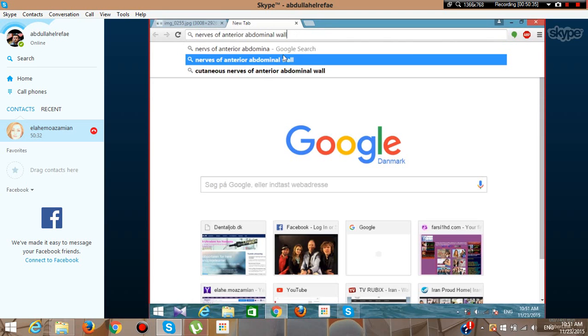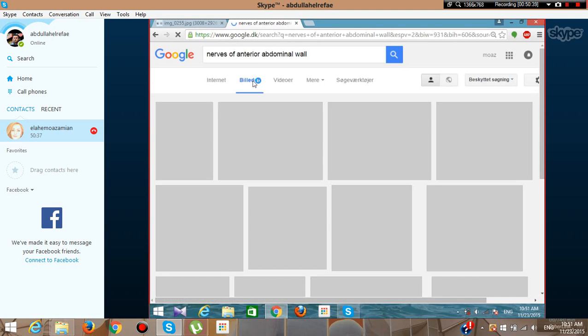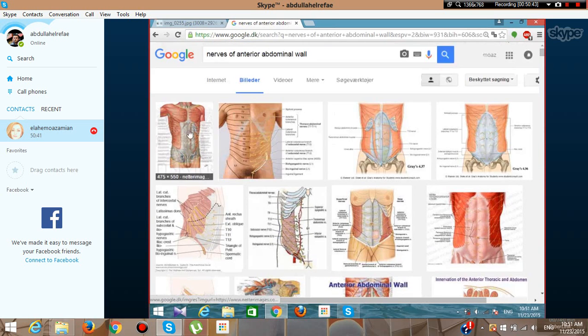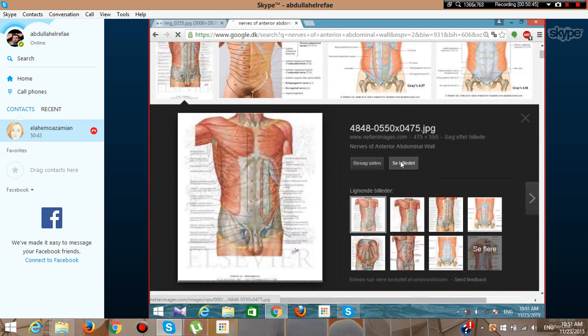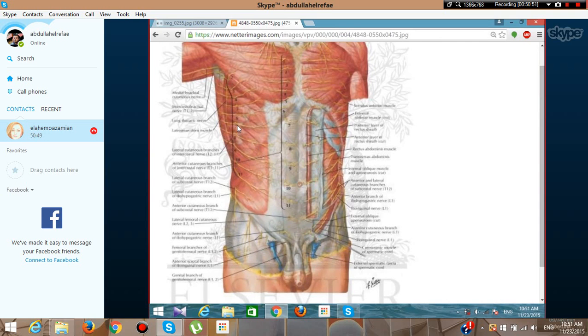Before, we looked at the anterior abdominal wall, but let's make a summary. Which nerves do we see in the anterior abdominal wall? Intercostal nerves from T7 till 12, right? Yes. And here you can see anterior and lateral cutaneous branches of intercostal nerves.